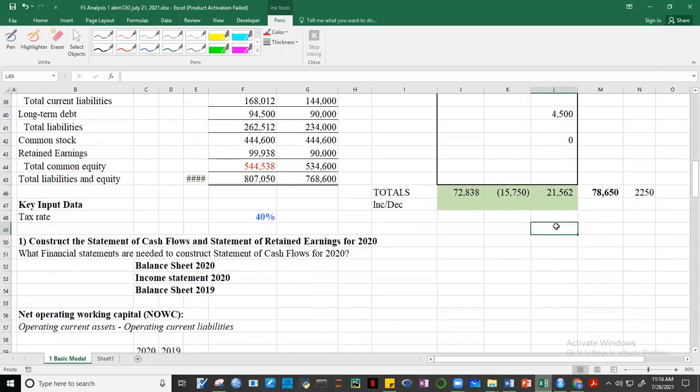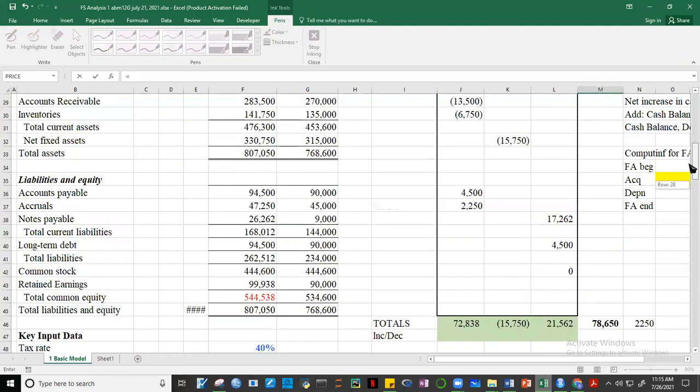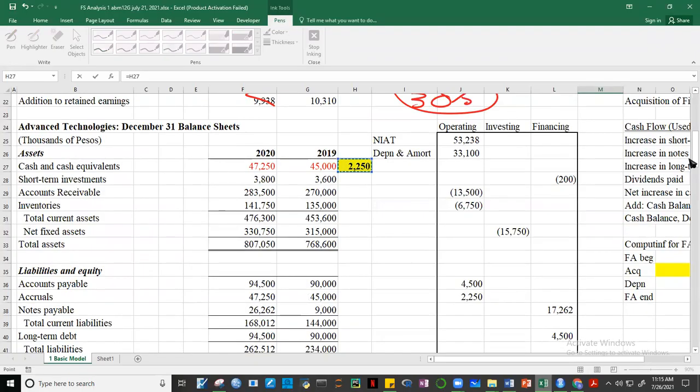Okay, so if we're going to write here, for example, total, so link ko dito, tapos yung net cash, change in cash, change sa cash, ito yung 2250.